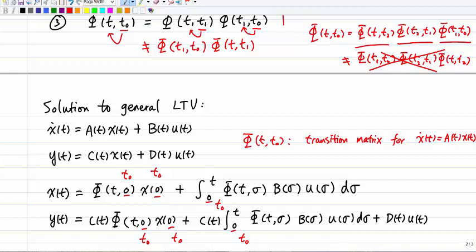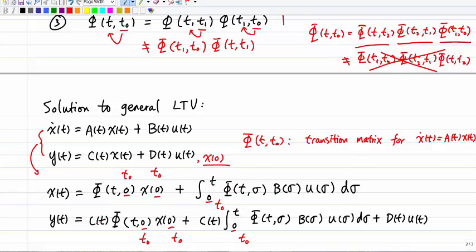Now this is my solution for the general linear time invariant system. x of t is given by phi of t, t0 times x0, assuming I have a given initial condition x0, plus the integration from 0 to t of phi of t, sigma, B of sigma, u of sigma, d sigma.